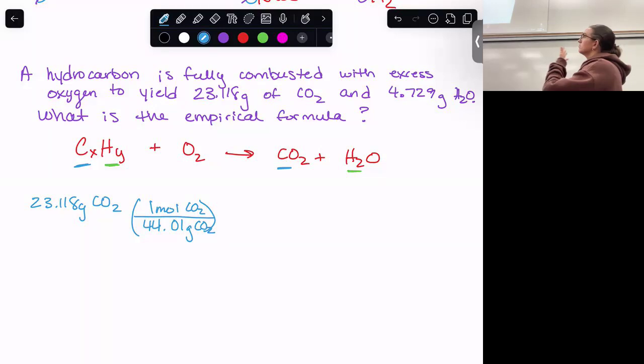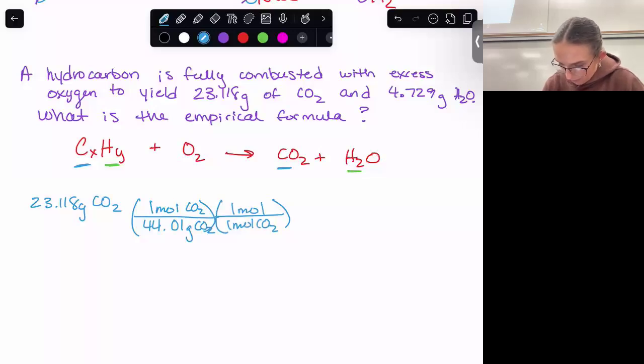There's only a one subscript for carbon in CO2. So for every 1 mole of CO2, we have 1 mole of carbon. And then how do we find the total moles of carbon? We just divide 23 by 44. So that gets us 0.5258 moles of carbon.